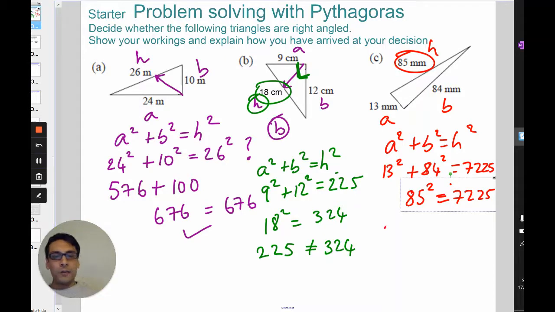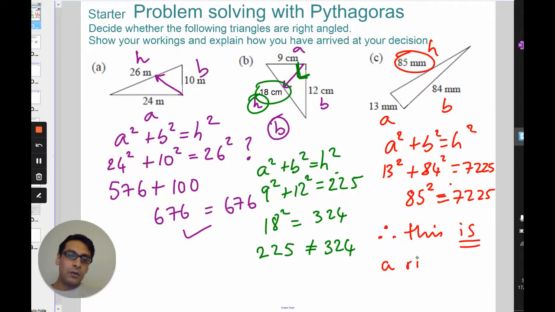So therefore, you can do these 3 dots. That means therefore, this is a right angle triangle.